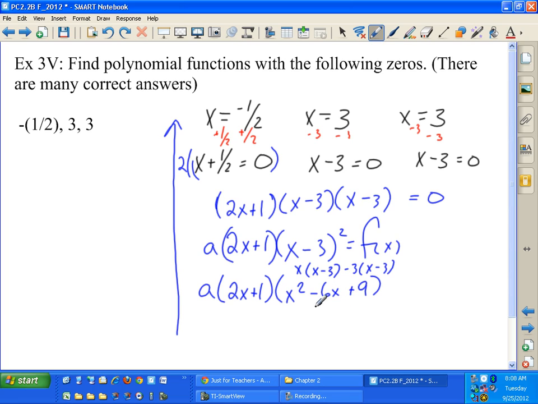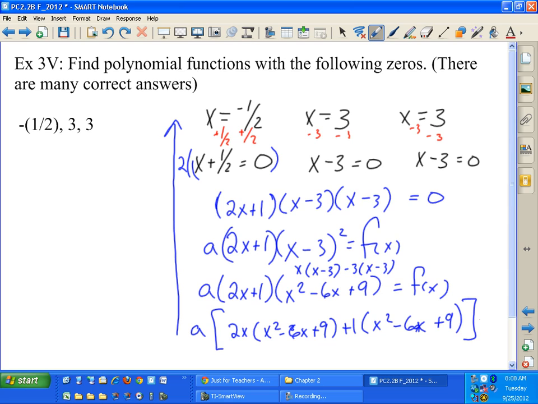And then finally I have to distribute my 2x, so it's going to be a, and then 2x times that term, x squared minus 6x plus 9, and then plus 1 times x squared minus 6x plus 9. I'm using the distributive property to multiply those out.